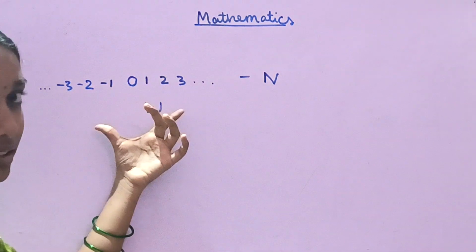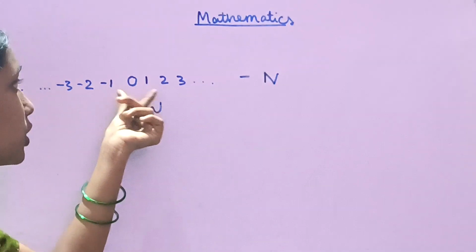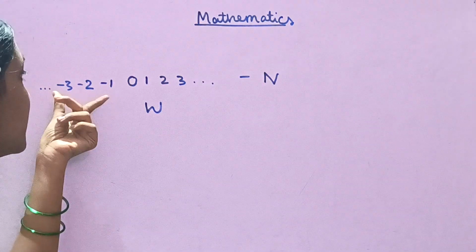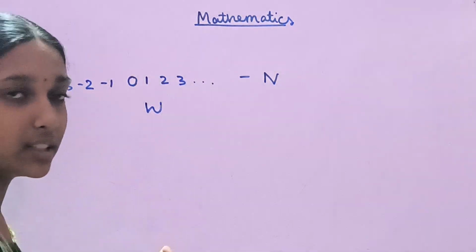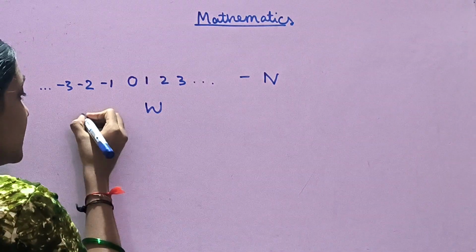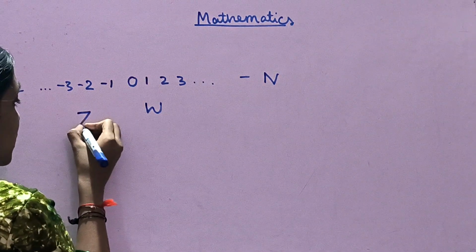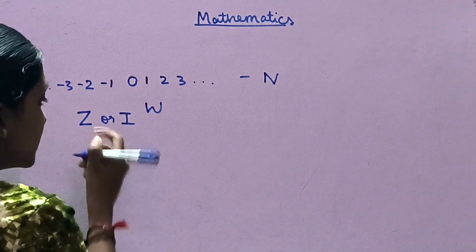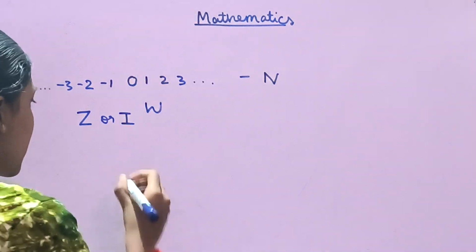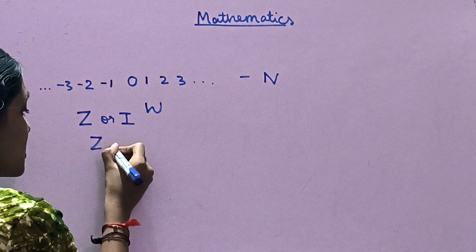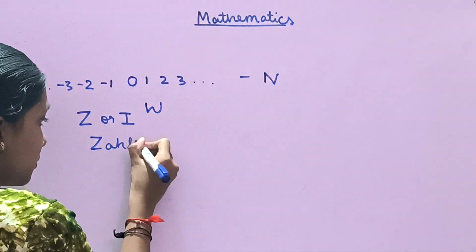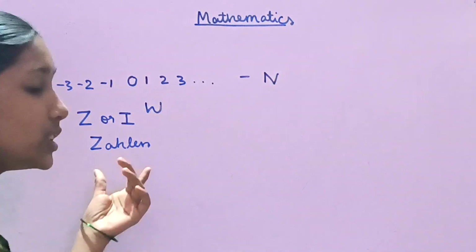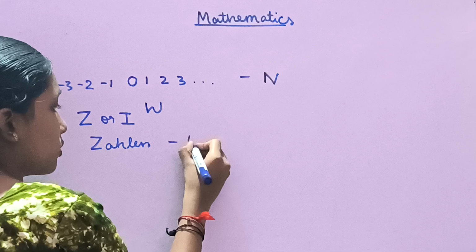These together, natural numbers, whole numbers and negative numbers, were called integers, which is denoted by Z or I. Z is from the word Zahlen, which means to count.